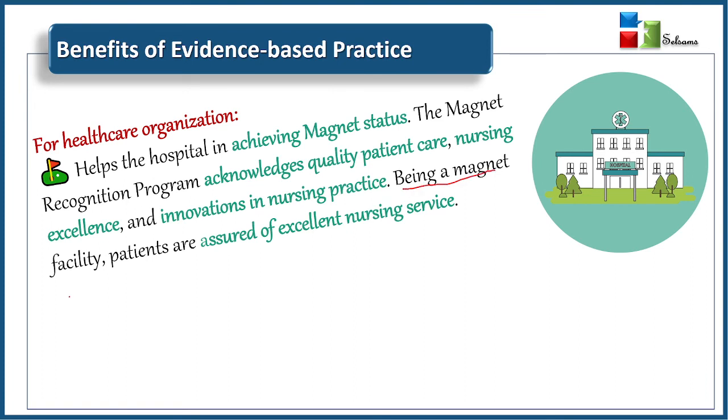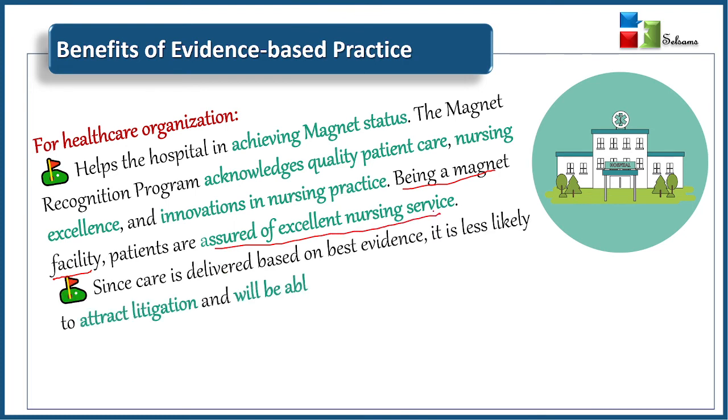So, being a magnet facility in the US means it assures excellent nursing service. Since care is delivered based on the best evidence, it is less likely to attract litigations, meaning legal issues, and they will be able to defend the care.